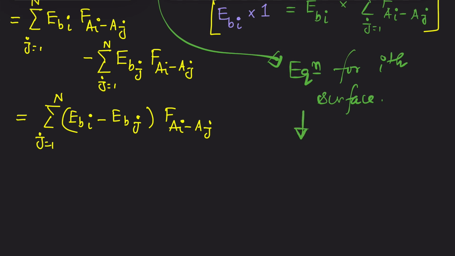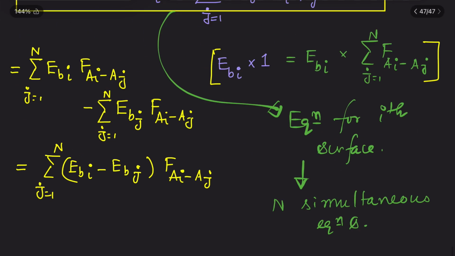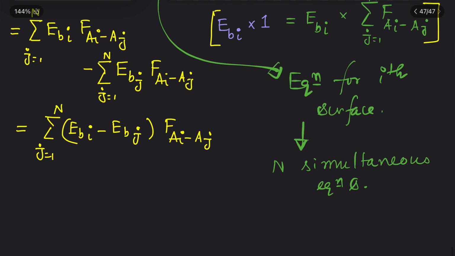So from that you can get n simultaneous equations. You have to solve them to find either Q or EB, either QI or EBI.